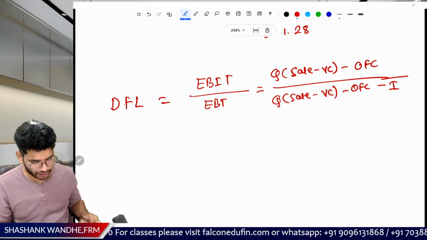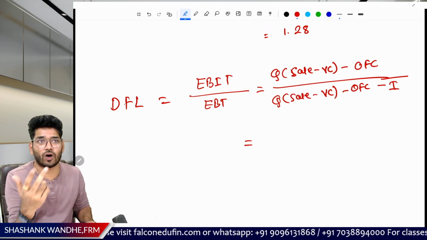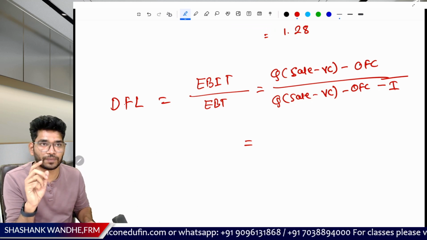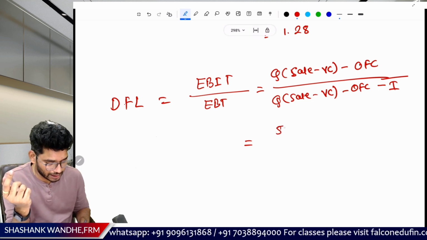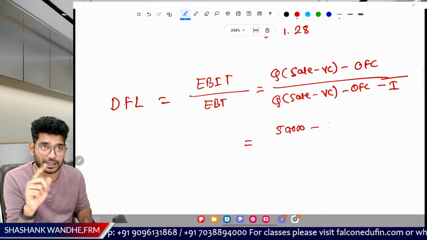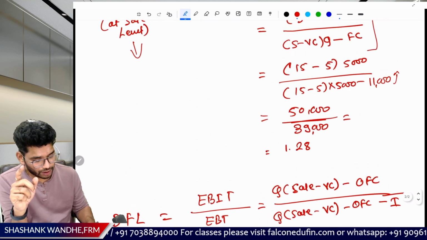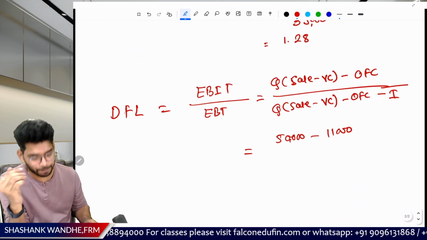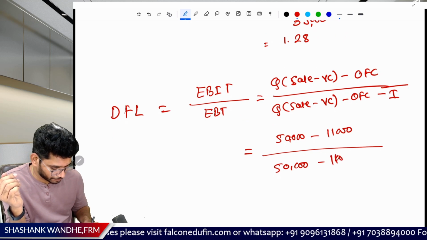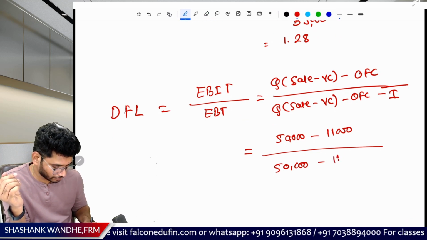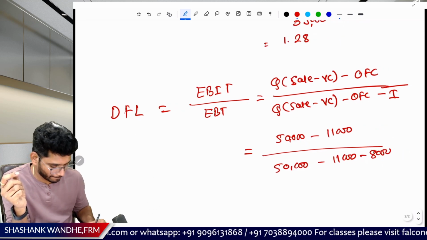Now again, you can take the example which we took. We are taking again 50,000, as in the 5,000 units sold. So in 5,000's case, our contribution was 50,000 minus operating fixed cost of 11,000. Again, we are using the same previous illustration. The numerator is 50,000 minus 11,000, divided by 50,000 minus 11,000 minus interest cost of 8,000.